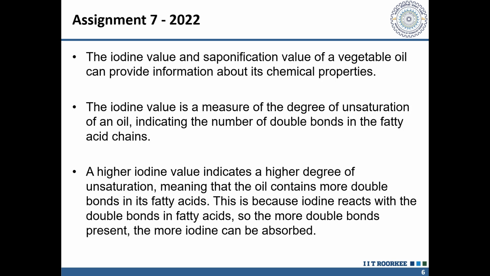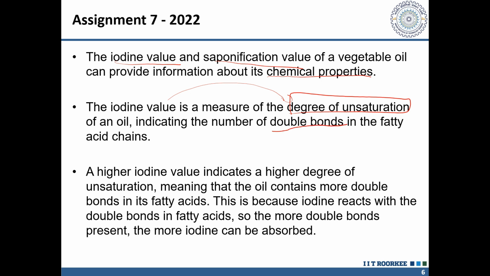So, what are the iodine value and saponification value? We will discuss it now. The iodine value and saponification value of a vegetable oil can provide information about its chemical properties. Iodine value is a measure of the degree of unsaturation. It tells about the number of double bonds present in the fatty acid chain.